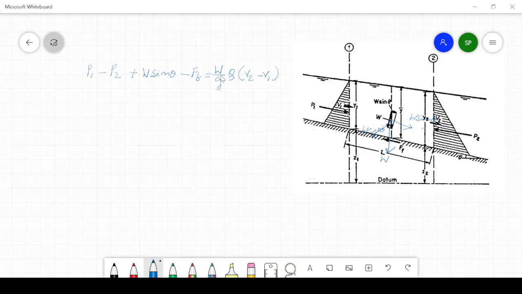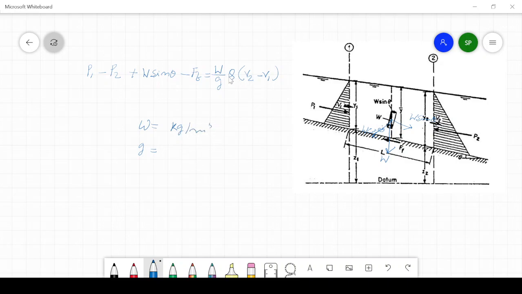W by G is equal to what? Ultimately, Q is in meter cube per second, velocity is in meter per second, isn't it? W is the unit weight, Newton per meter cube, divided by G. If you divide these by these, ultimately you will get kg per meter cube.